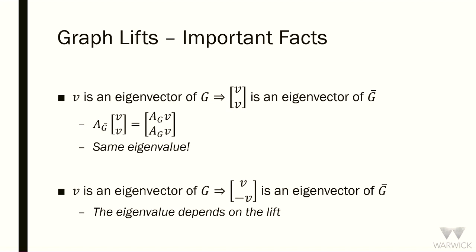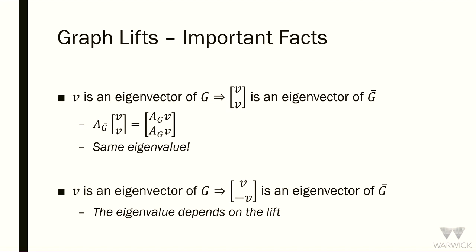If v was an eigenvector of G, then (v,v) is an eigenvector of the lift of G. By (v,v), I mean you assign the same value to the two vertices in the fiber. And for these eigenvectors, the eigenvalues are preserved. So all the eigenvalues of the base graph are also eigenvalues of the lifted graph.